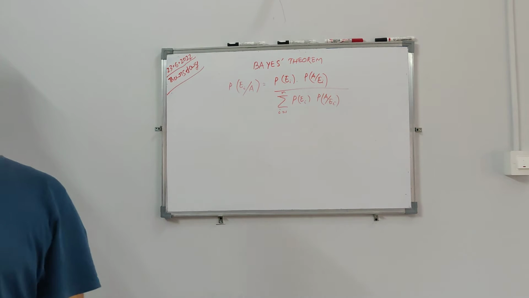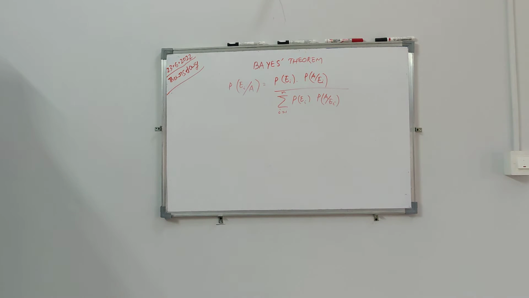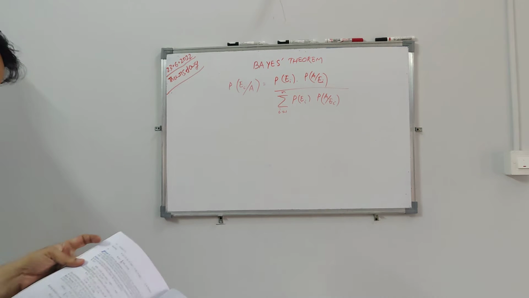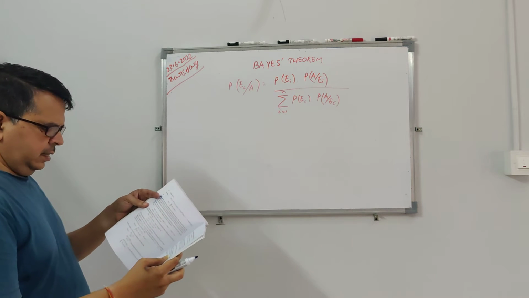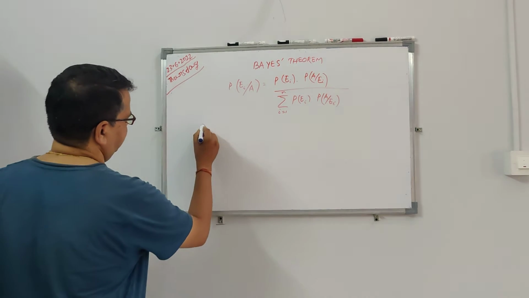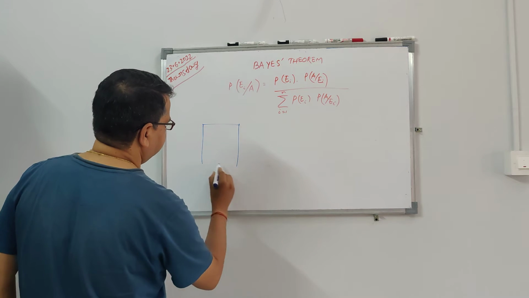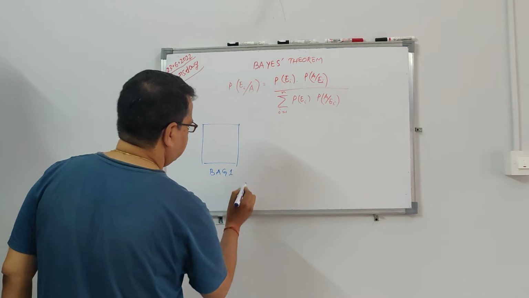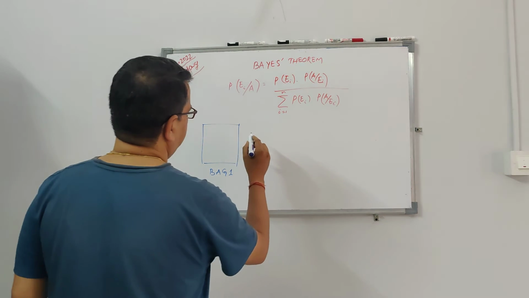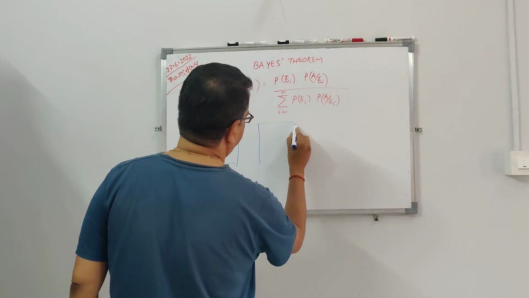So now let us try to do one numerical based on it. The question is: you have a bag 1 and a bag 2.